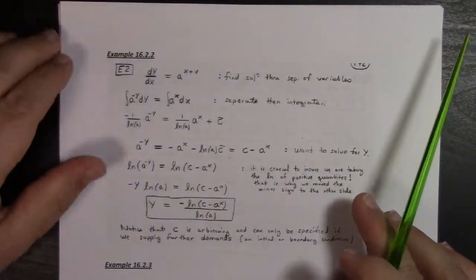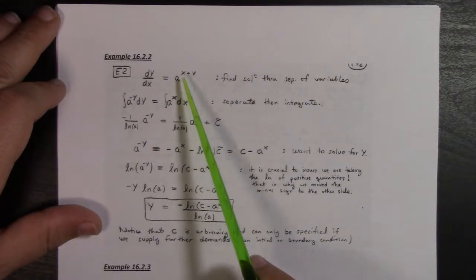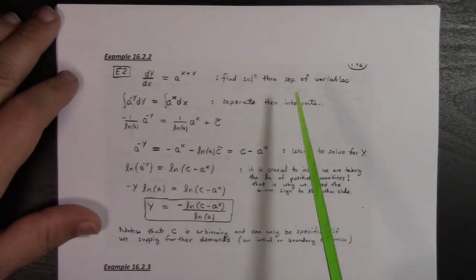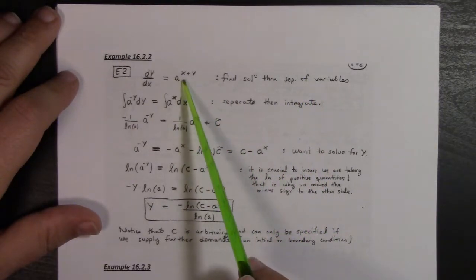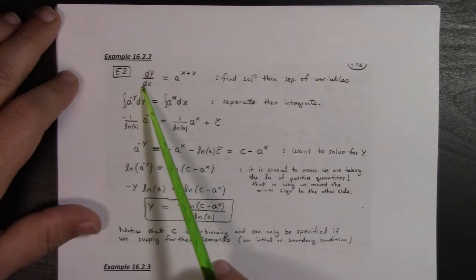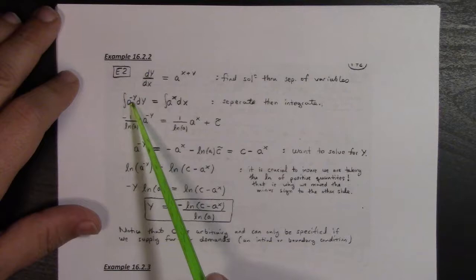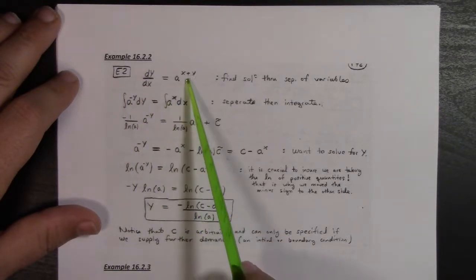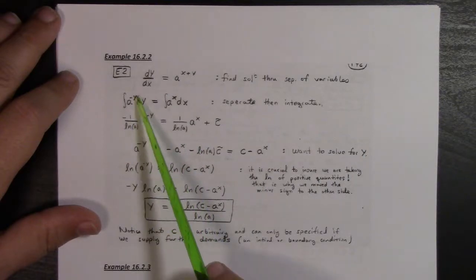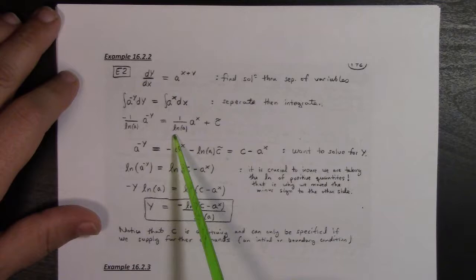Here's another example. dy/dx equals a to the x plus y. All right, so first move is to separate, and so to separate this, I multiply both sides by a to the minus y, and then I multiply by dx, formally at least. This gives me the integral of a to the minus y dy equals the integral of a to the x dx. We integrate. Remember, we get 1 over log a, since a might not be e, we've got to account for that.